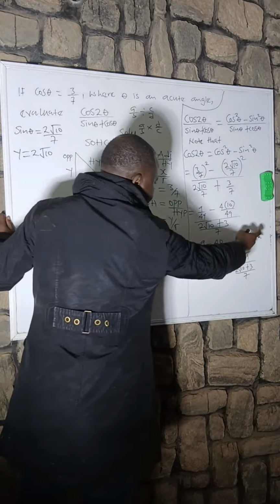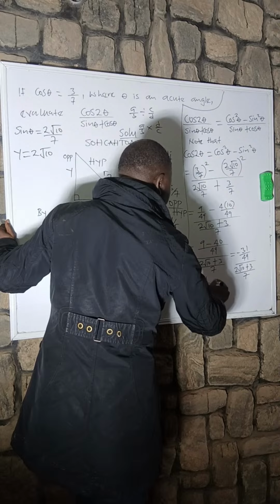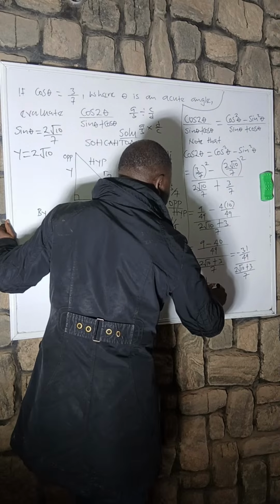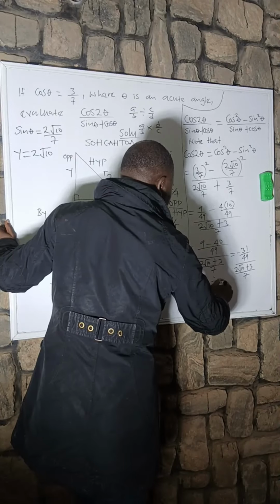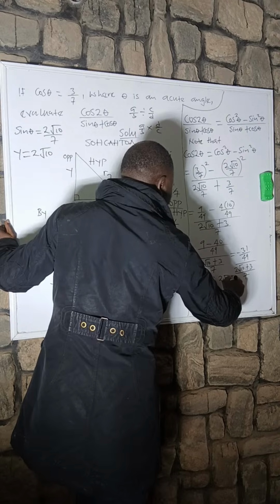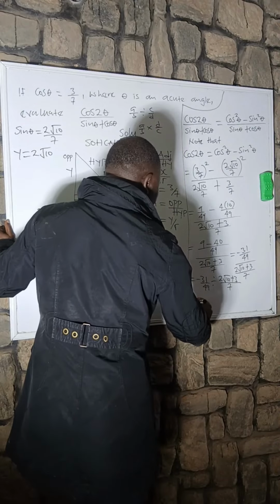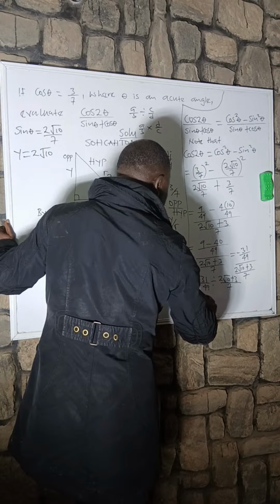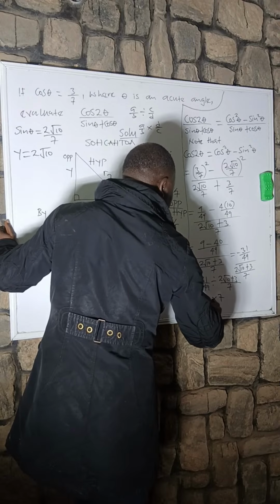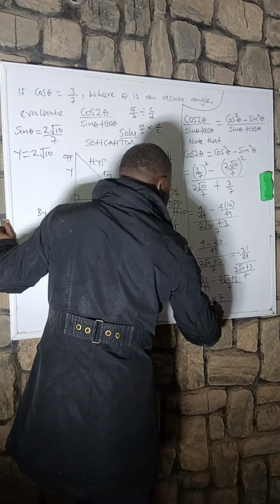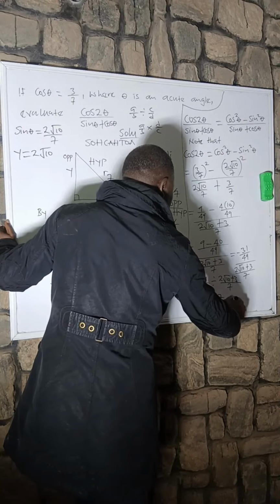So here will now be equals to minus 31 all over 49 divides 2 root 10 plus 3 all over what? 7. So this 7 will come up: minus 31 times 7 all over 49 open bracket 2 roots 10 plus 3.